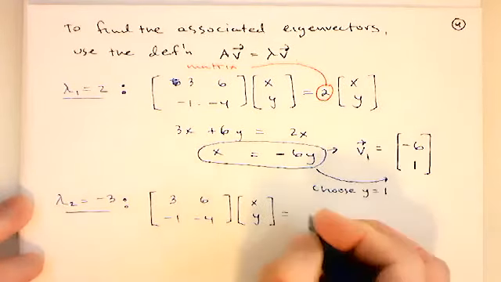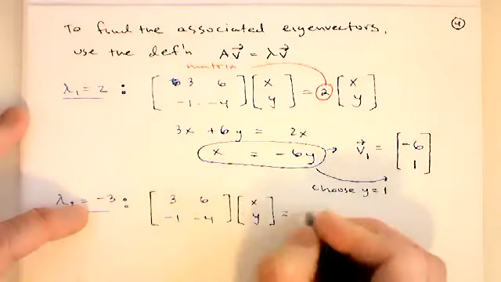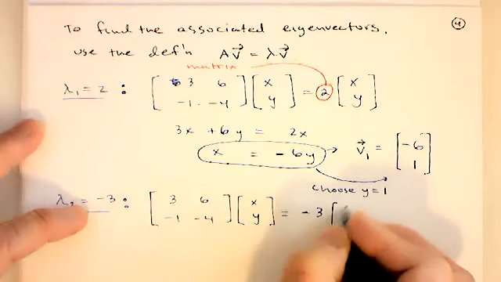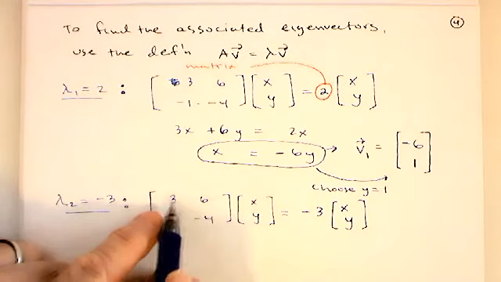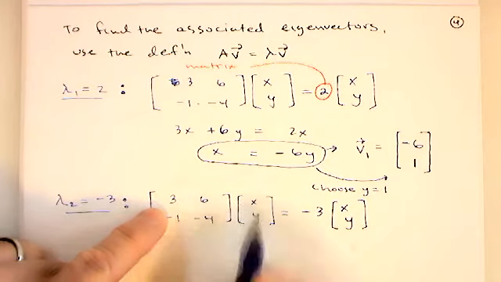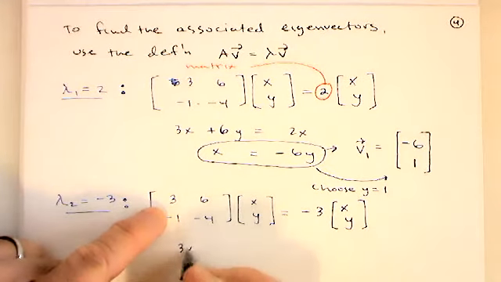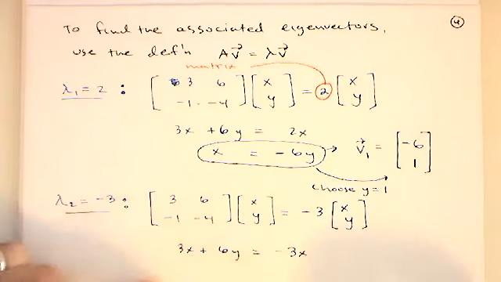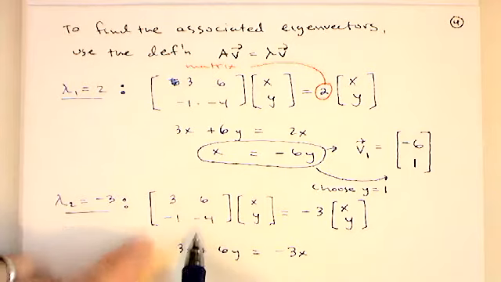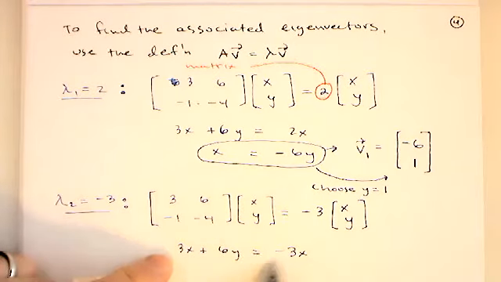It's not going to be the same as this one, should equal my eigenvalue times the vector. If I multiply out this, the first row, 3x plus 6y should equal the top number here, which is -3x. And I can actually, this is all I need.